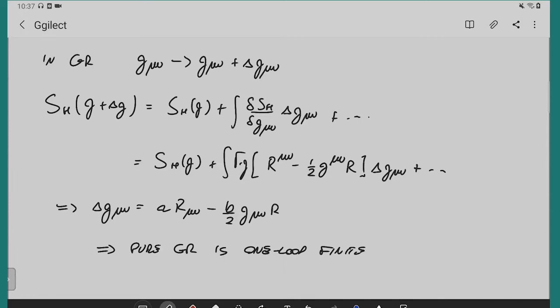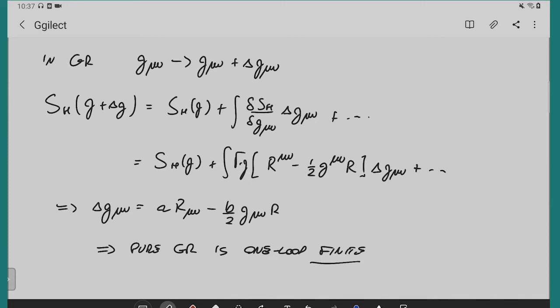While when you have divergences in a renormalizable theory, we say that these are finite because these divergences can be absorbed with a field redefinition that is of a special kind. It's proportional to the equation of motion. It means that it will not appear in any observable. When you absorb the divergences of a renormalizable theory, which means that, for example, it is one loop divergent, and then you need to cancel those divergences, you do a field redefinition as well, but it's of a different kind.